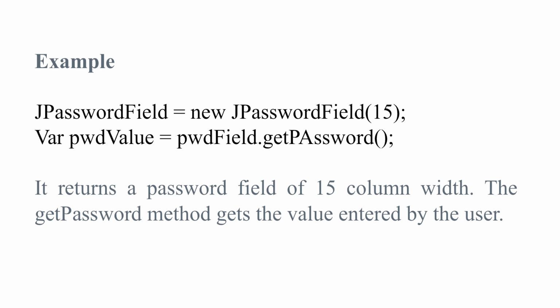JPasswordField example: JPasswordField pwdField = new JPasswordField(15); the variable pwd value = getPassword of pwdField. It will return a 15 column width, since we have specified the number of columns as 15, and this getPassword method gets the value entered from the user side.